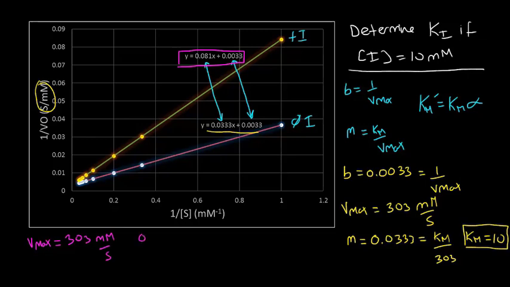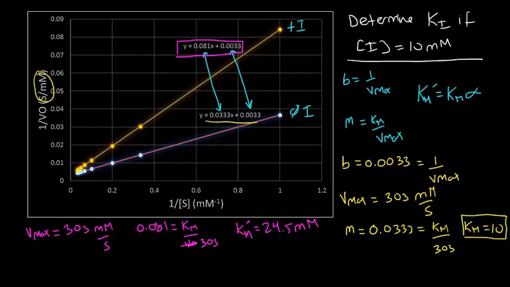Our slope is 0.081, and this equals Km divided by Vmax, and our Vmax was 303. So when inhibited, this is Km prime, we end up with a Km of 24.5 millimolar.